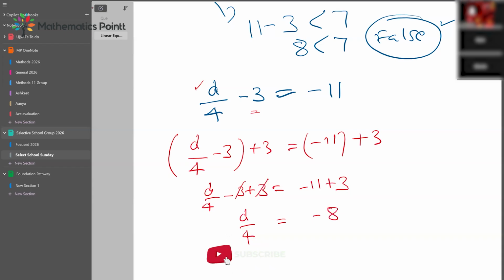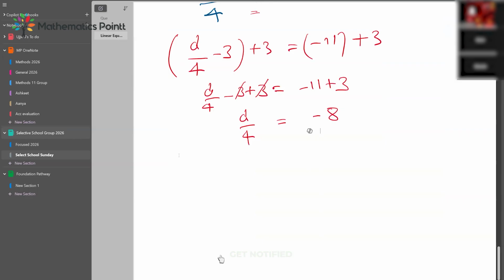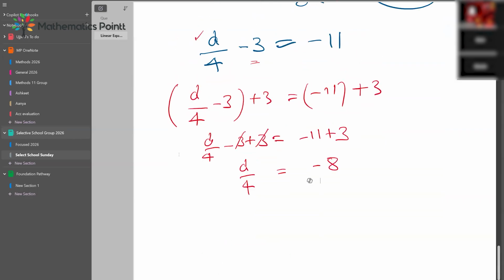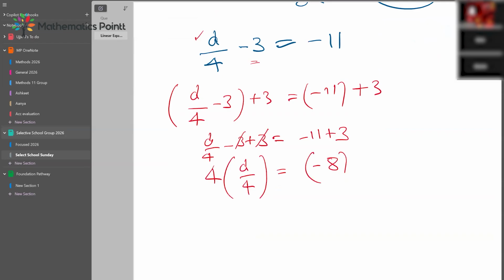4. Good. And this 4 is dividing D, so I have to put a bracket and multiply. Always put a bracket, don't mess it up. Brackets make it very simple. Open the brackets up. 4, 4 gone. D is negative 32.